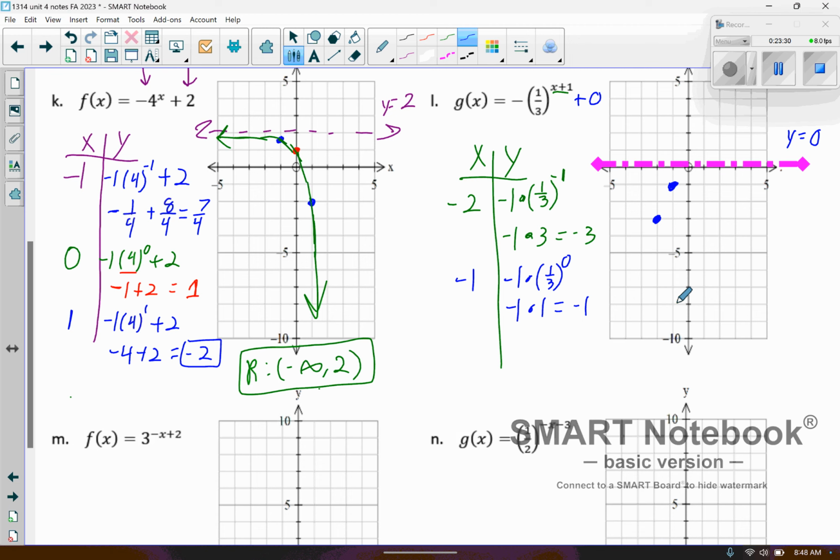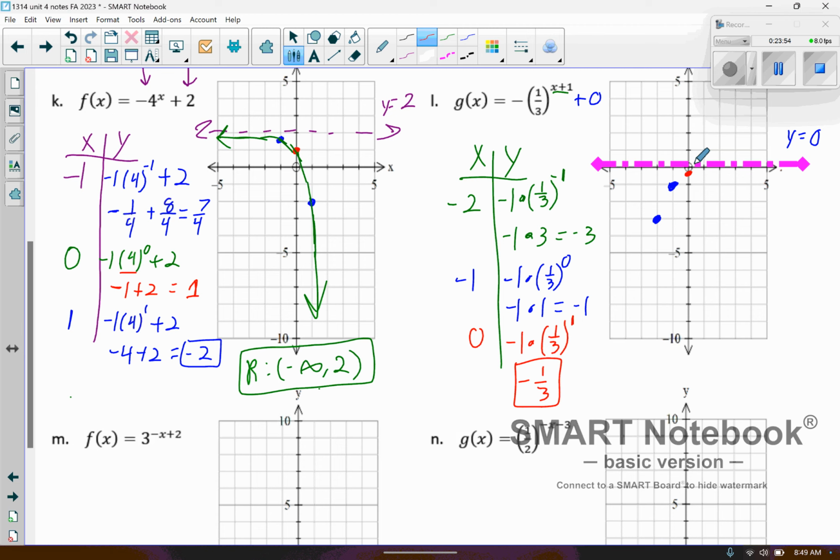And then last, we'll go ahead and plug in 0. So we're going to get negative 1 times 1/3 raised to the power of 0 plus 1, which would be 1. And so negative 1 times 1/3 is just going to be negative 1/3. So at 0, we're at negative 1/3, about right there.